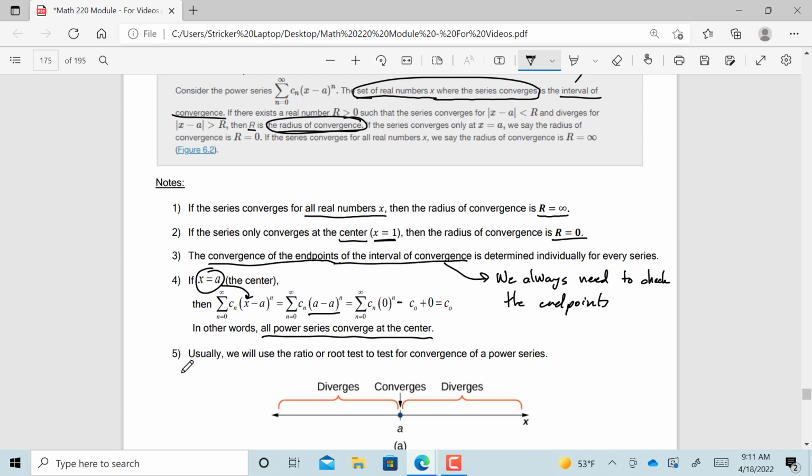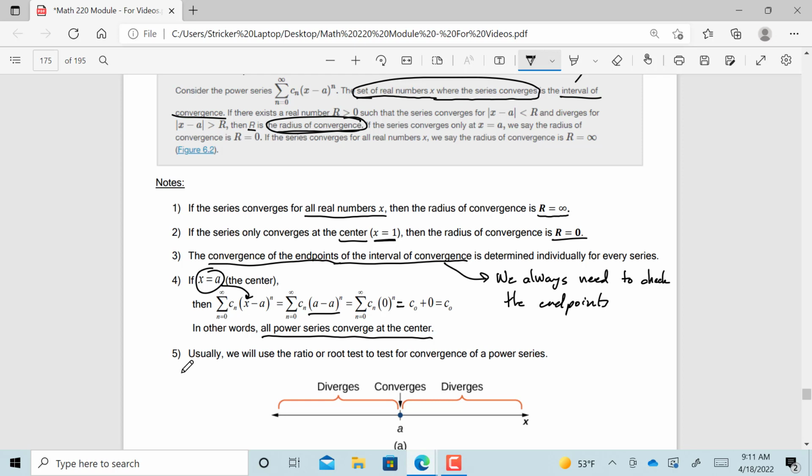So if we start at n equals 0, we get c sub 0 times 0 raised to the 0. Well, anything raised to the 0 power is 1. So this is going to be c sub 0 times 1. And then if we go to n equals 1, we get c sub 1 times 0 to the 1. 0 to the 1 is 0. So that's going to be c sub 1 times 0. That goes away. And it goes away for all other values of n.